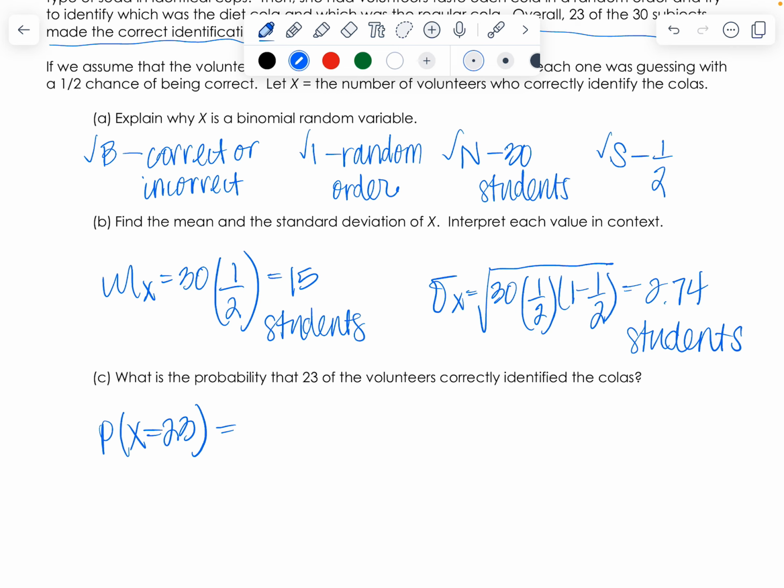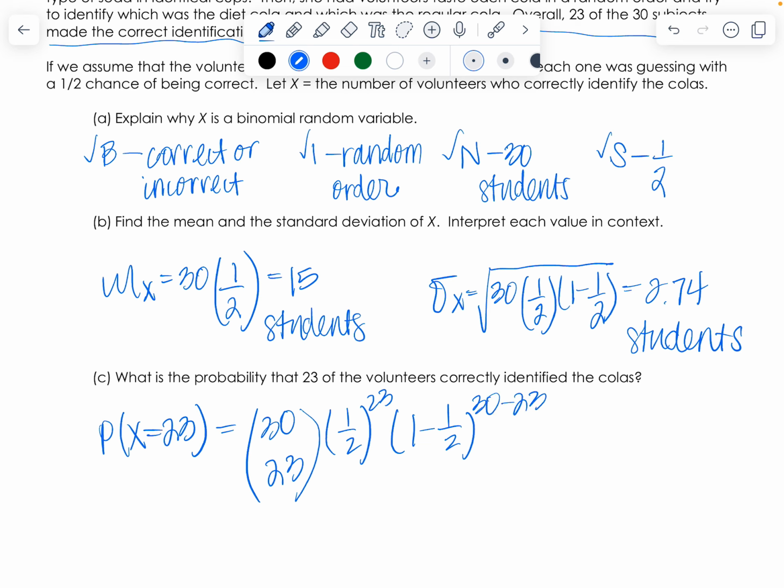I will show both, just so you know both, but remember, you don't have to do them. Using our formula, we have 30 choose 23 times the probability of success, 1/2 to the 23rd, times the probability of failure, 1 minus 1/2 to the 30 minus 23rd.